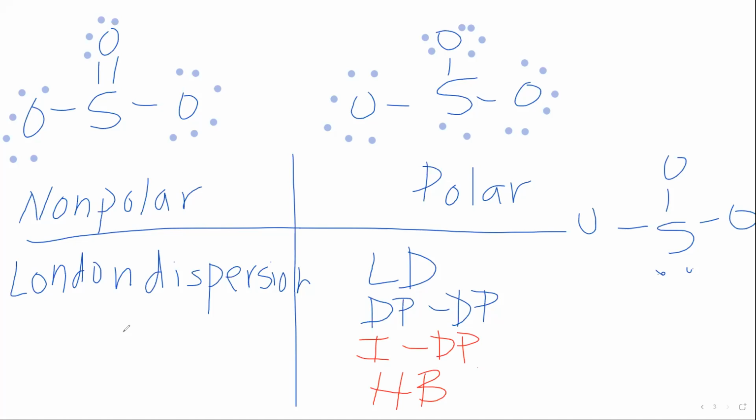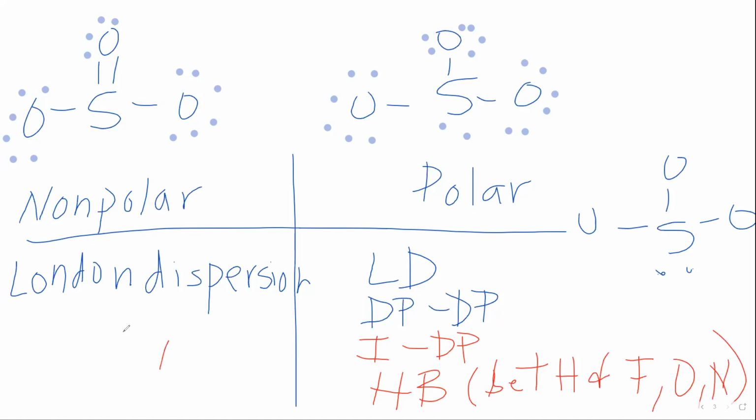Hydrogen bonding happens to be a bond between hydrogen and what I call the phone, F, O, or N. So hydrogen has to be bonded to either fluorine, oxygen, or nitrogen in order to have a hydrogen bond. Here we don't even have hydrogen, therefore we cannot have a hydrogen bond.